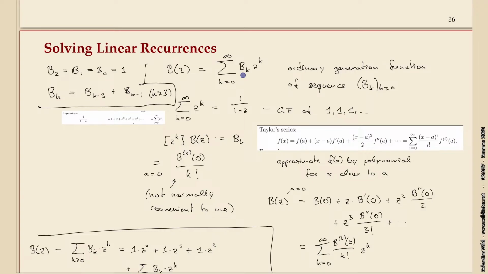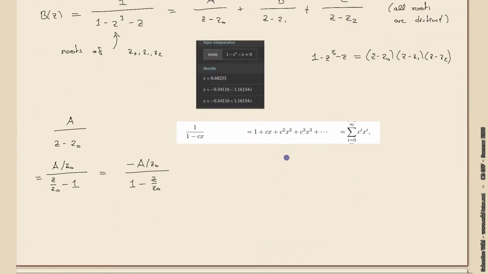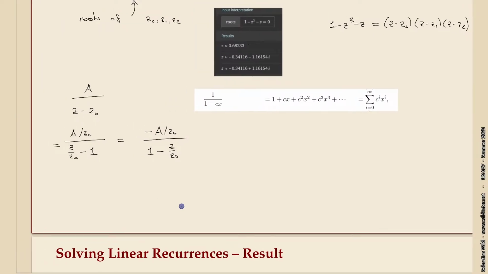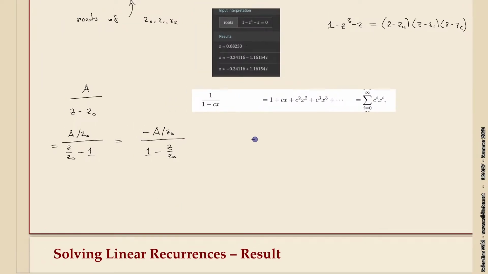So multiplying by a constant, as we do it with this minus a over z0, that's going through all the way to coefficients. So formally we can say we take the coefficient of this term a divided by z minus z0.